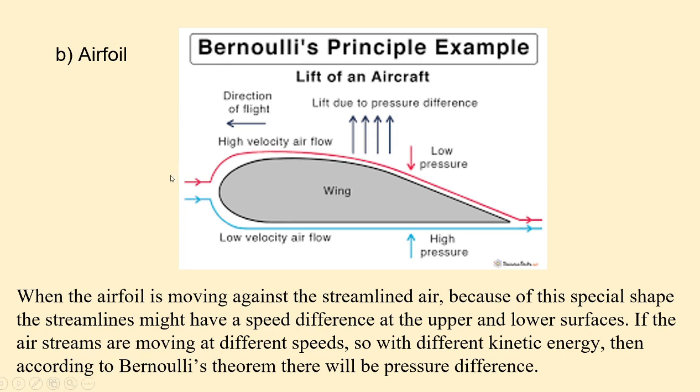This lifting effect comes into action only when the airfoil and the streamlined air are in relative motion. If it is in a static state, no pressure difference is created. So the lifting or floating motion of the paper plane or the boomerang can be understood with Bernoulli's theorem.